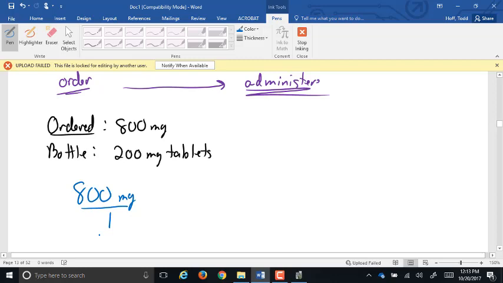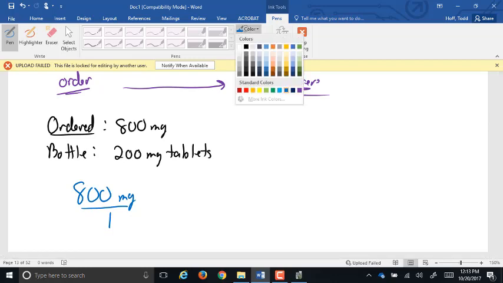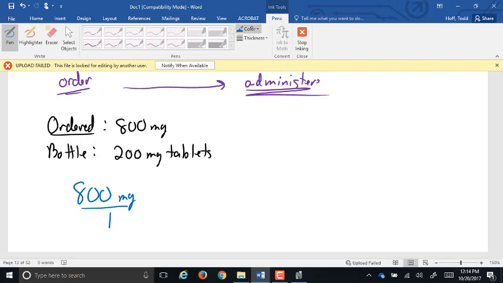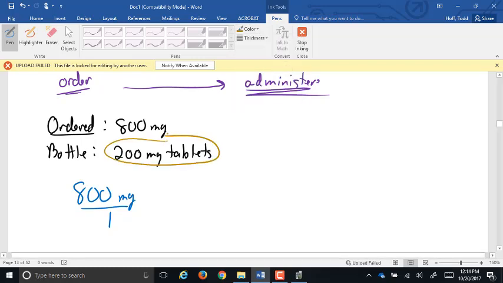Just like we did with our measurements, we make it a fraction by putting it over 1. The label becomes a conversion factor for us. 200 milligram tablets is saying that 200 milligrams equals 1 tablet.